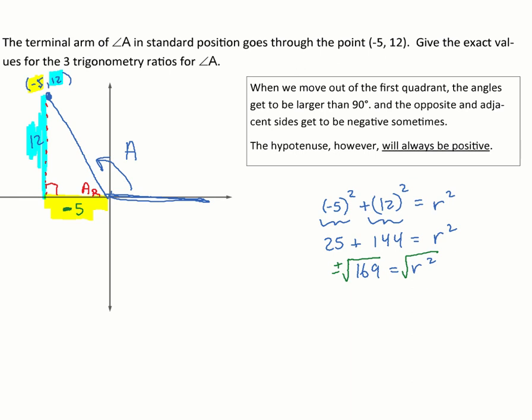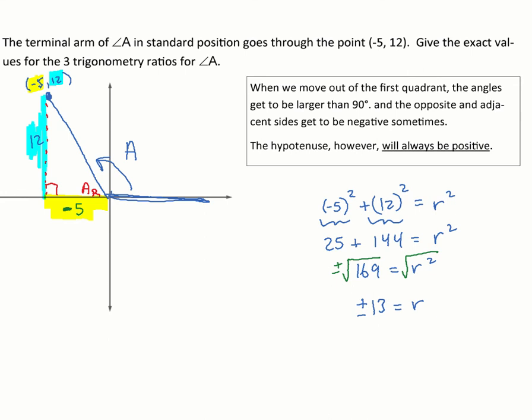So we'd seen in previous videos in the first or second chapter that whenever you use square root to solve an equation, you have to acknowledge that the answer you get on the number side could be positive or negative. So r is either positive or negative 13.